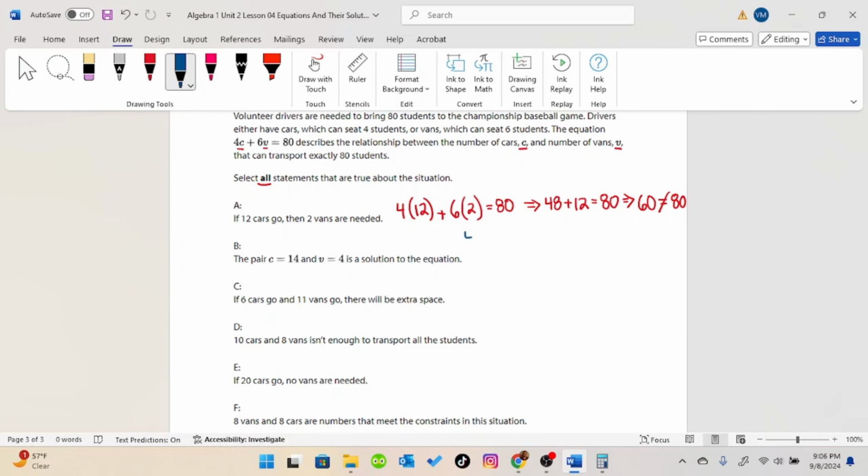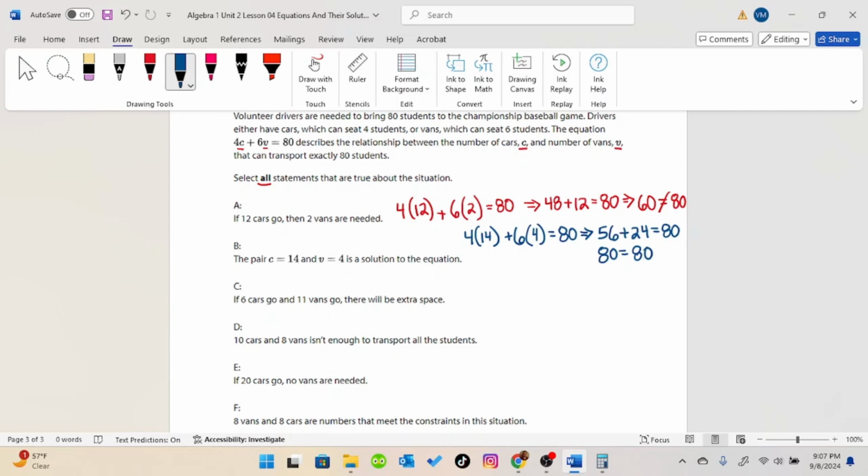So we're going to substitute 14 where we had C, and we're going to substitute 4 where we had V, and this needs to equal 80. 4 times 14 is 56, and 6 times 4 is 24. 56 plus 24 is 80, and 80 does equal 80.